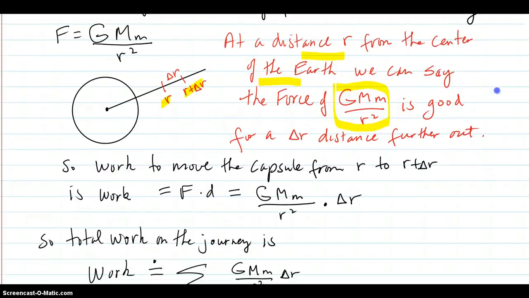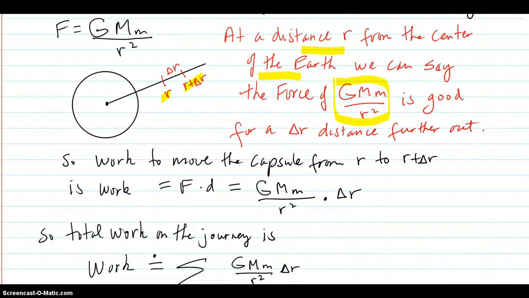So the work to move the capsule from r out to the r plus delta r location is a force times the distance. And so here's a force times that distance it's traveling, delta r.